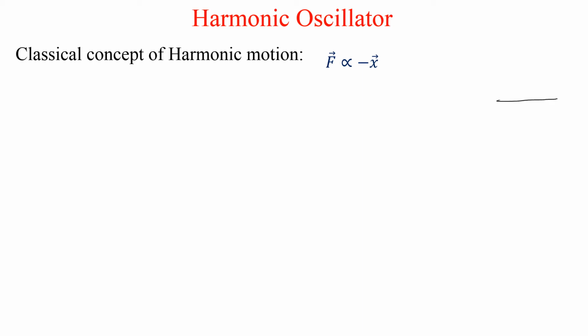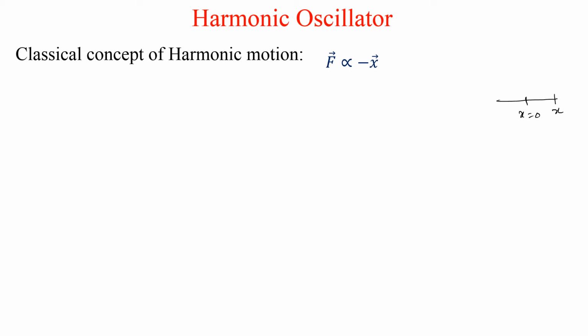suppose I have a particle at x equals 0, the mass of the particle is m, and somehow it is in the equilibrium position. Somehow I disturb the particle, that means by applying a force, the particle goes to x.